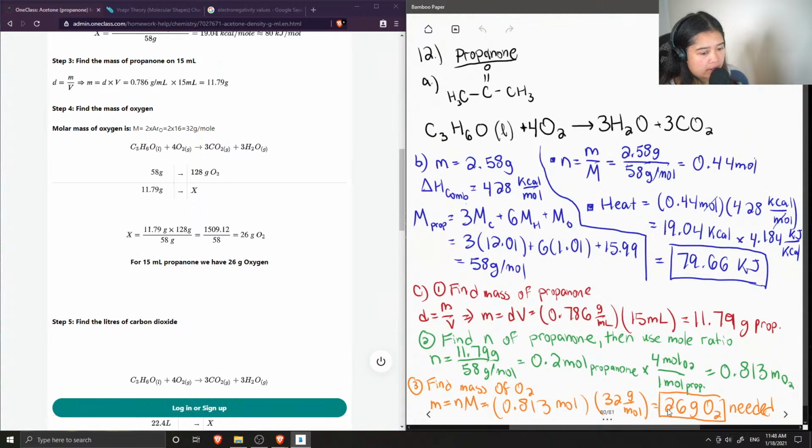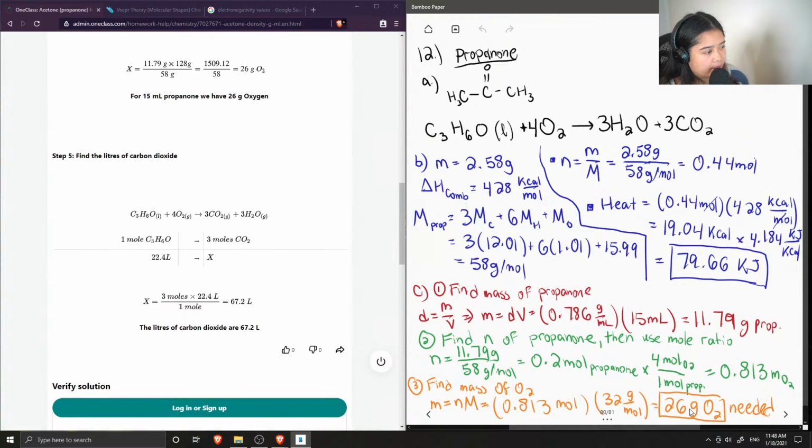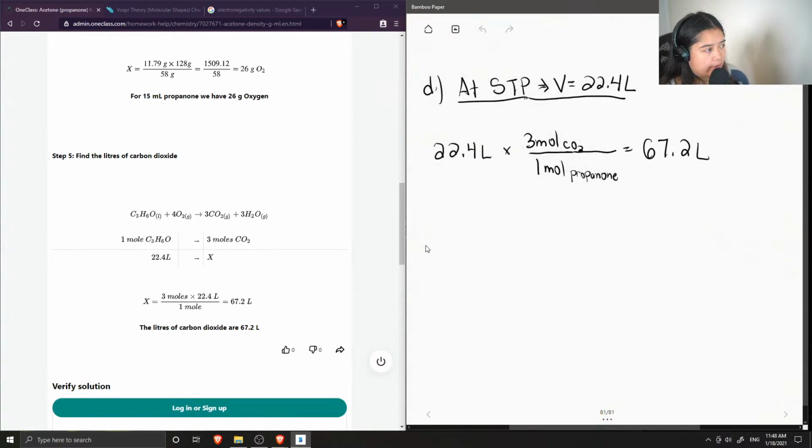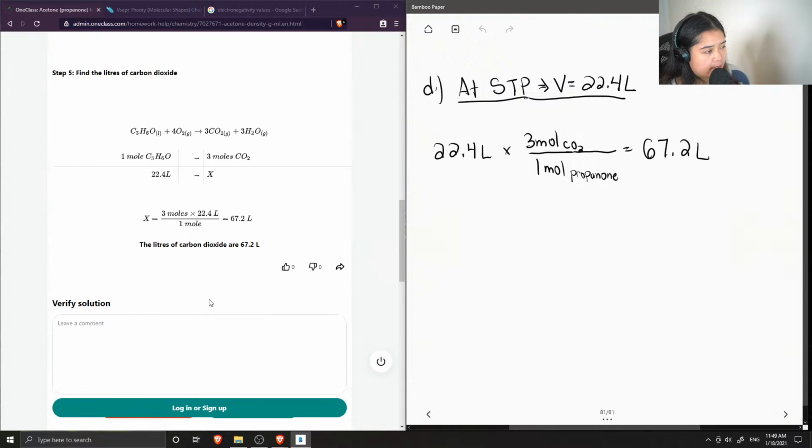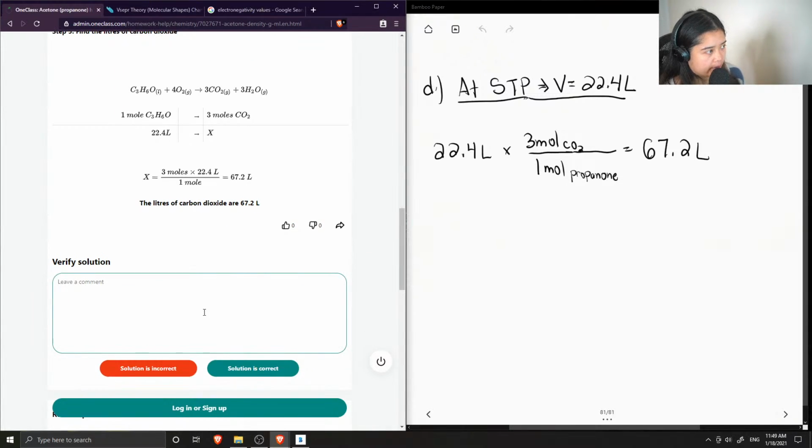Yep, so they also got 26 grams. And then step 5, find the liters of carbon dioxide. We have 3 times molar volume, which is 22.4, and they got 67.2 liters. Okay, so this solution is correct.